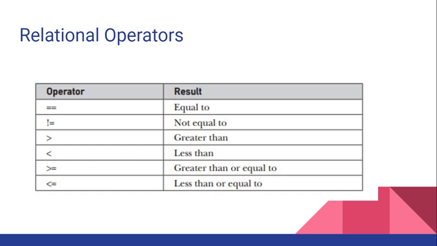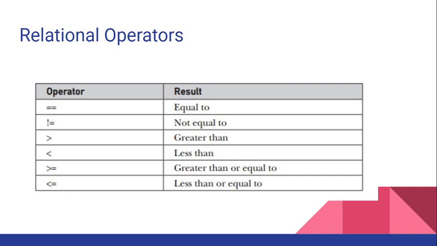Boolean has two values, true or false. So a relational operator checks the condition of two operands and returns whether it's true or false. The equals to operator, double equals, checks if the two operands are equal in value. If it's equal, it returns true. If it's not, it returns false.